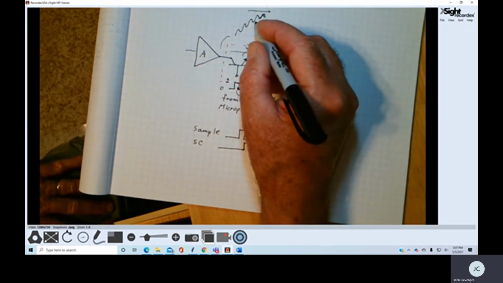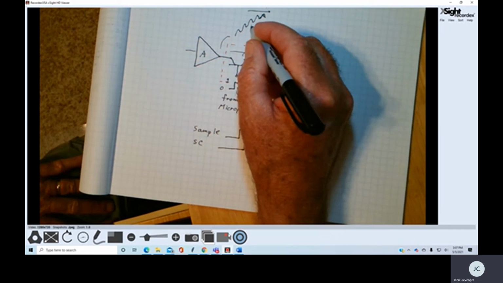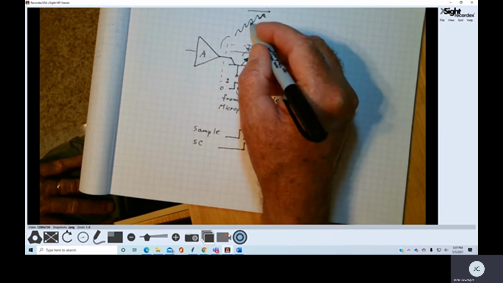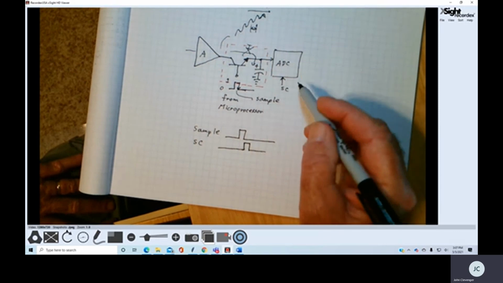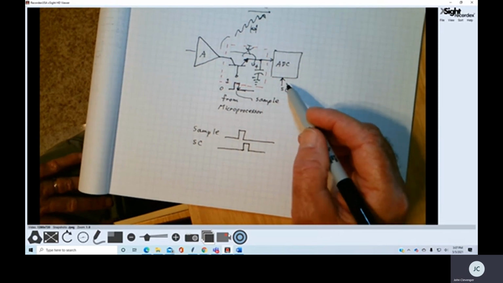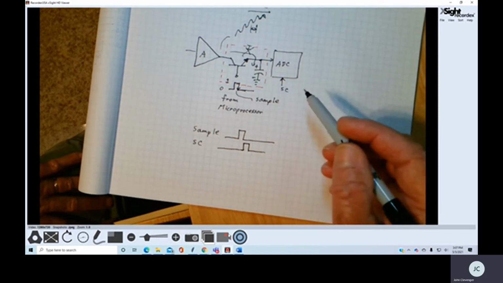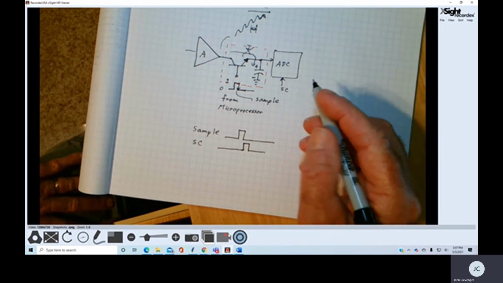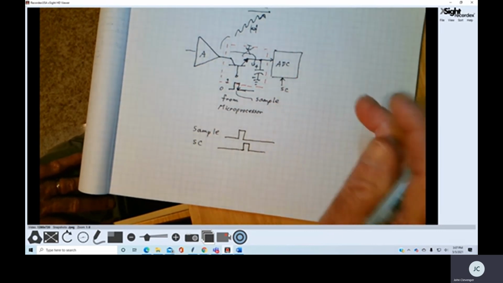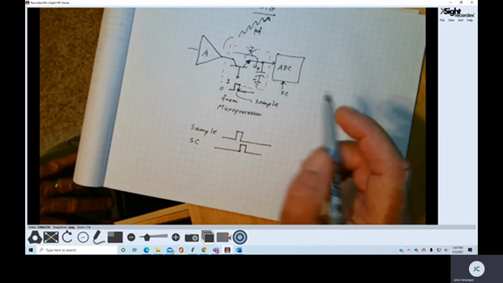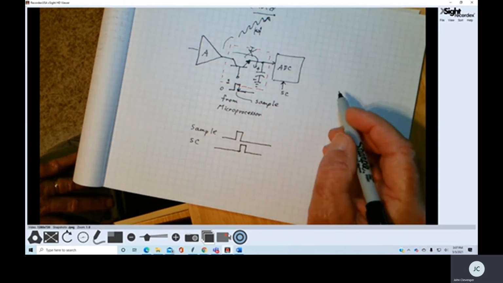And if I convert during this entire period from here to here, then we've got this changing voltage coming into the A to D converter, which I don't want to say will confuse it, but we really want a nice constant voltage here for the ADC.